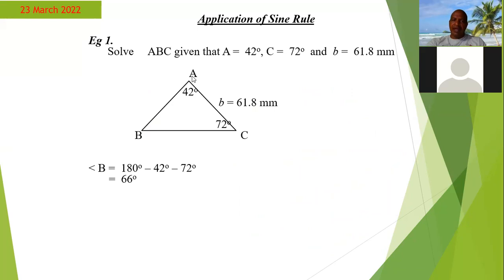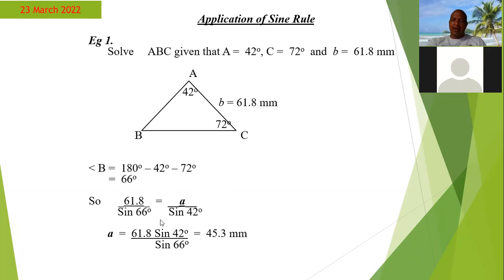Now we want to find the side A and the side C. We can use this equation, and here we are calculating for A. We move the sine of 42 to the left and multiply it by the 61.8. Then we work that out with our calculator and get 45.3 millimeters. That would have been for the side A.